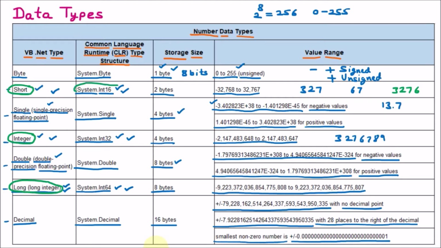In the system these are System.Int16, System.Int32 and System.Int64, and their sizes are different: 2 bytes, 4 bytes and 8 bytes.